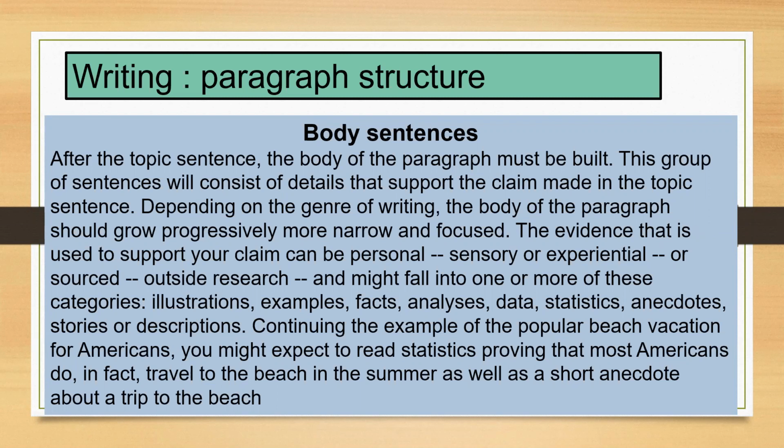The evidence that is used to support your claim can be personal, sensory, or experiential, or sourced from outside research, and might fall into one or more of these categories: illustrations, examples, facts, analysis, data, statistics, anecdotes, stories, or descriptions.